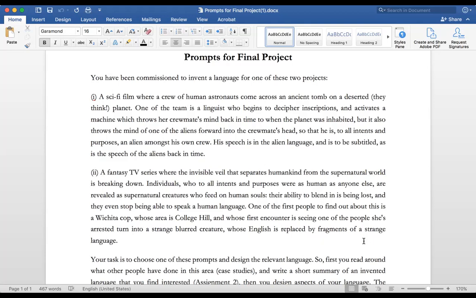One of the first people to find out about this is a Wichita cop whose area is College Hill, and whose first encounter is seeing one of the people she's arrested turn into a strange blurred creature whose English is replaced by fragments of a strange language. Totally believable, right? Like, yeah, can definitely happen in Wichita College Hill.